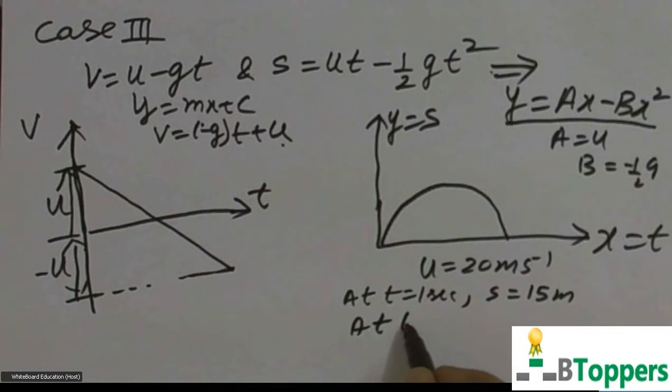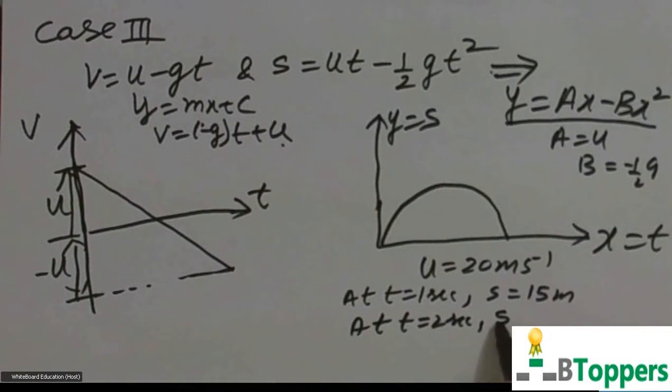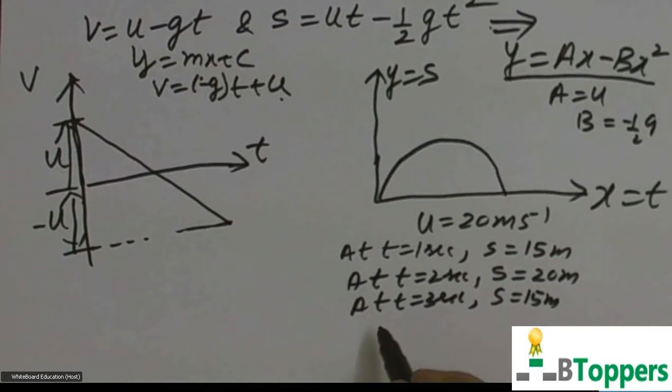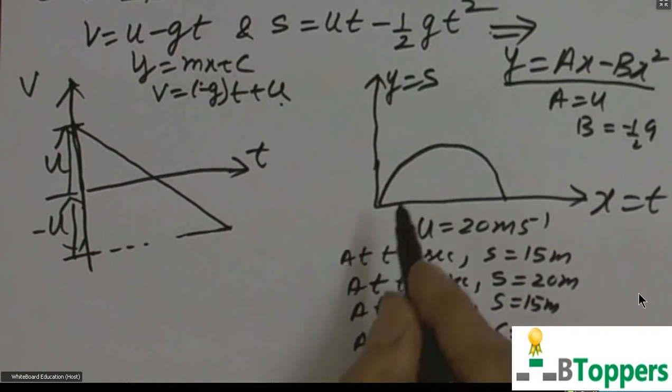If you substitute t equal to 2 seconds, with the same u and g, you can check the calculation yourself. You get s equal to 20 meters. So at t equal to 3 seconds, the same way you get s equal to 15 meters. At t equal to 4 seconds, you get s equal to 0.